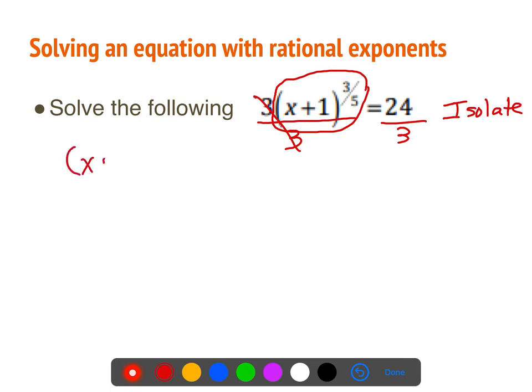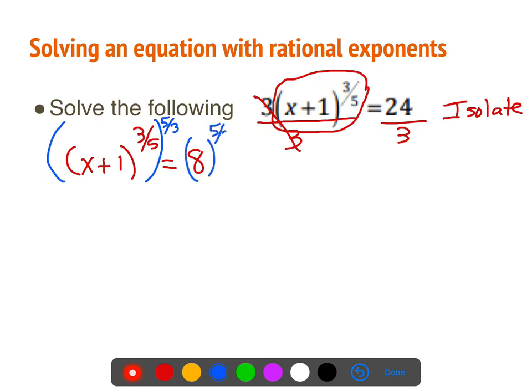And it's not isolated because it has a 3 in front of it. So I'm going to divide both sides by 3. This is me isolating. And I now have (x plus 1) to the 3/5 equals 24 divided by 3, which is 8.